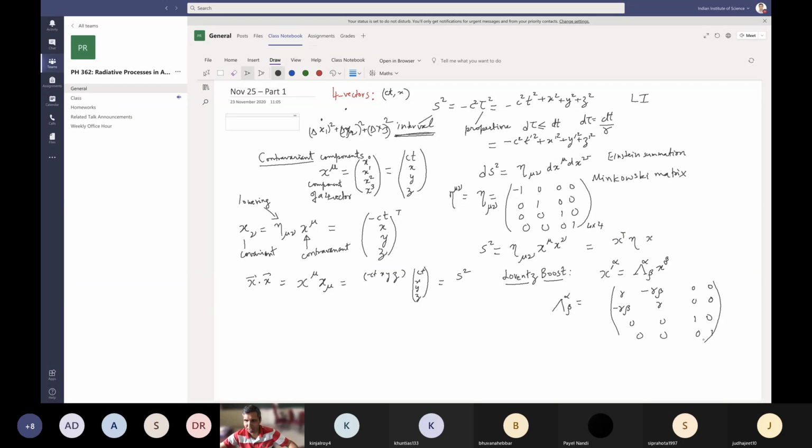Right, so this is nothing but the matrix form of writing the Lorentz transformation. So x prime equals lambda x, right?